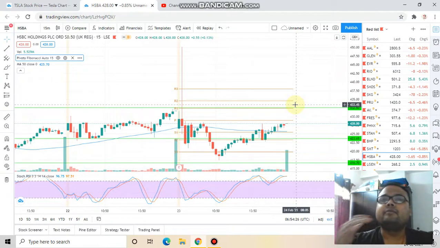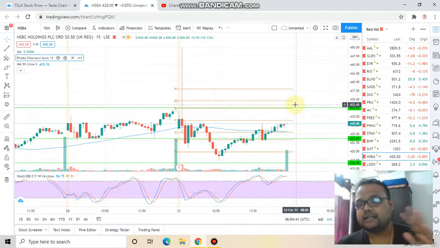Let the market comfortably trade above the resistance level. That will be the confirmation that the resistance has become the support. Then only you go ahead and place the buy order. Otherwise, wait and watch.